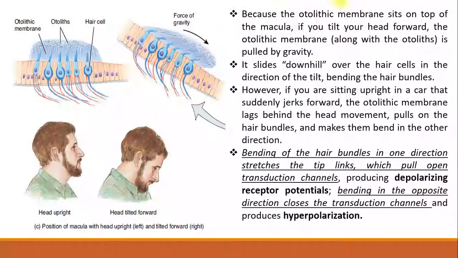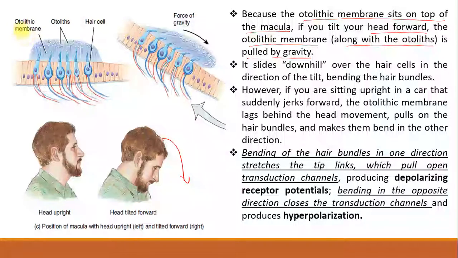Because the otolithic membrane sits on top of the macula, if we tilt our head forward, the otolithic membrane along with the otoliths is pulled by gravity. So you can see we have moved our head in the forward direction.